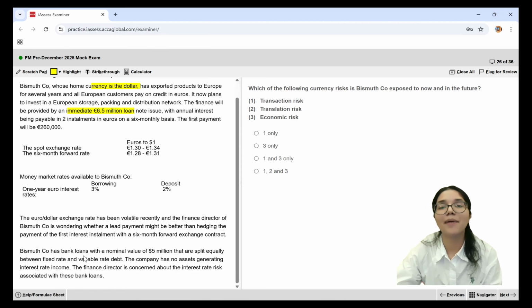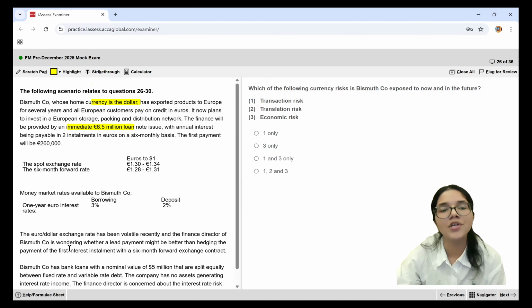Bismuth Company has bank loans with a nominal value of $5 million that are split equally between fixed and variable rate debt. The company has no assets generating interest rate income. The finance director is concerned about the interest rate risk associated with these bank loans.